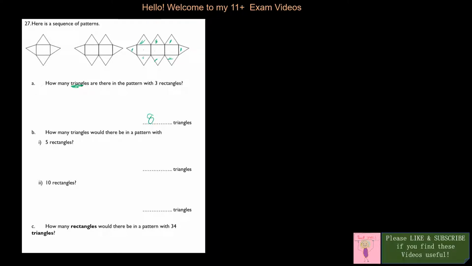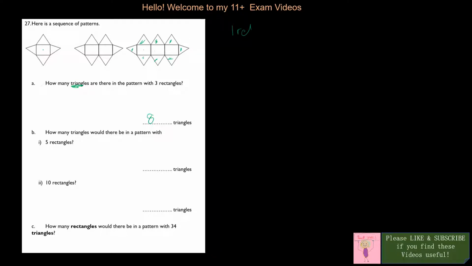Okay, with 3 rectangles. How many triangles would be there in a pattern with 5 rectangles? So we have to find the number of rectangles. So let us start from 1. 1 rectangle means 4 triangles.